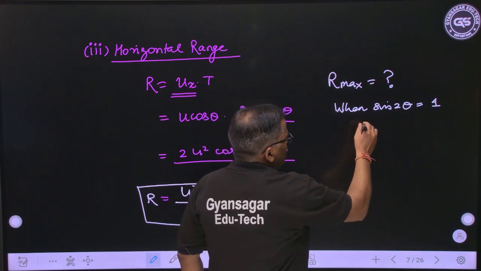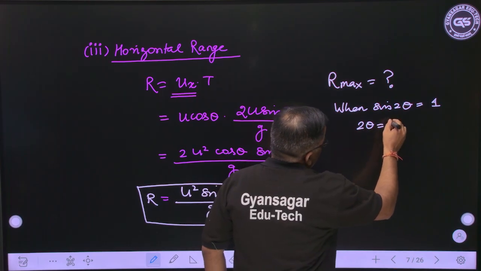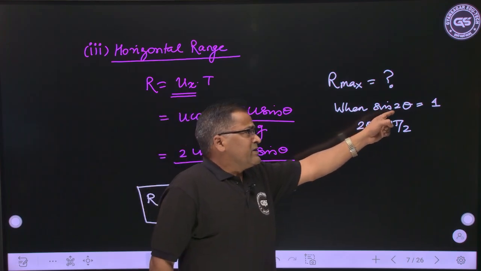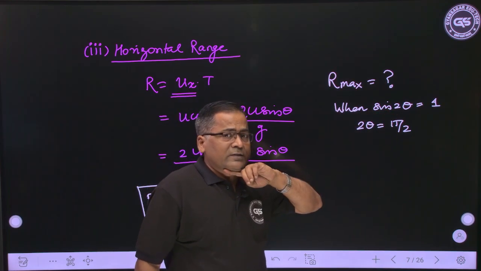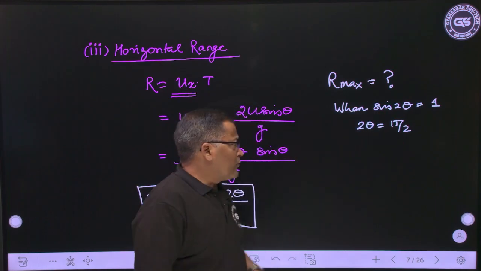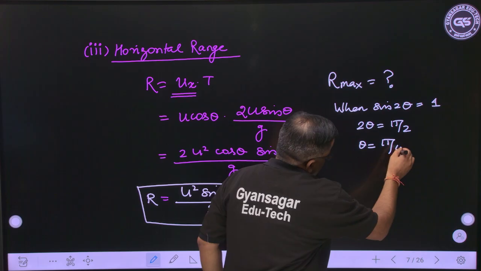Sin 2 theta equal to 1 means 2 theta equal to pi by 2. Sin theta is maximum for sin 90 degree, that means sin pi by 2. So, 2 theta is pi by 2. So, from here theta equal to pi by 4.